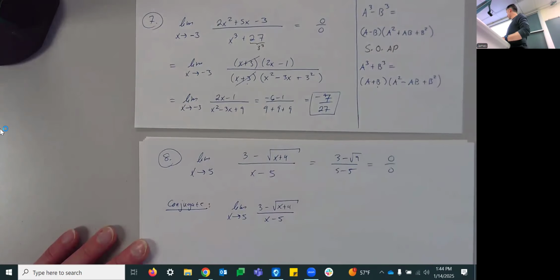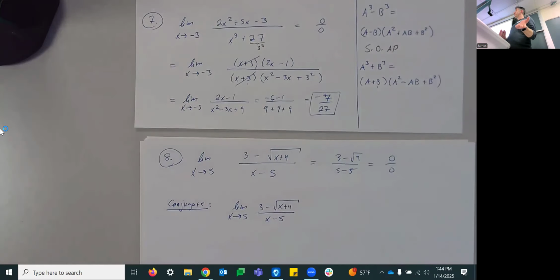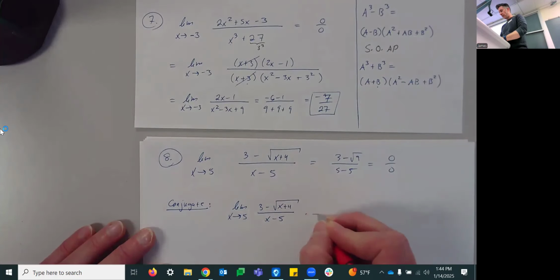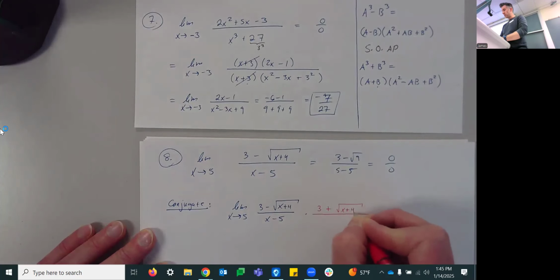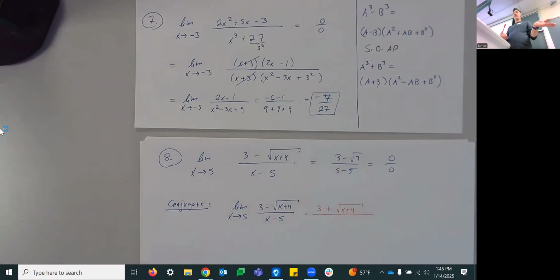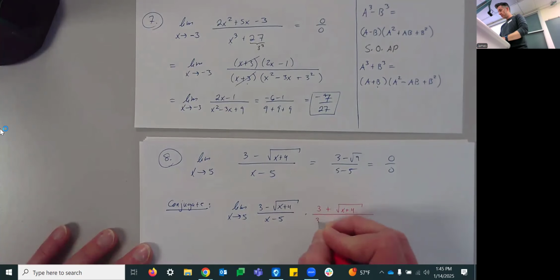Well, the only thing we're really allowed to multiply by is 1, because we don't want to change the value at all. So we multiply by the conjugate of the thing that has the radical, 3 plus the square root of x plus 4, but then to not change the value, we also have to multiply the denominator by that. So we're really multiplying by 1.